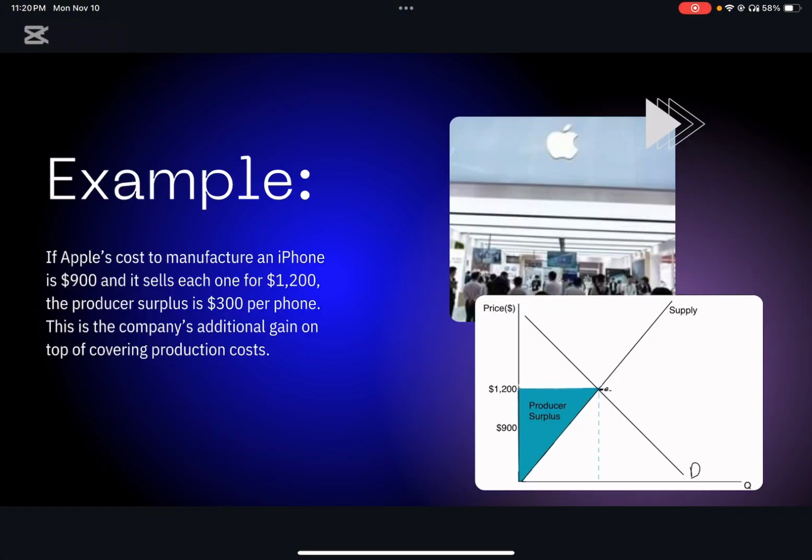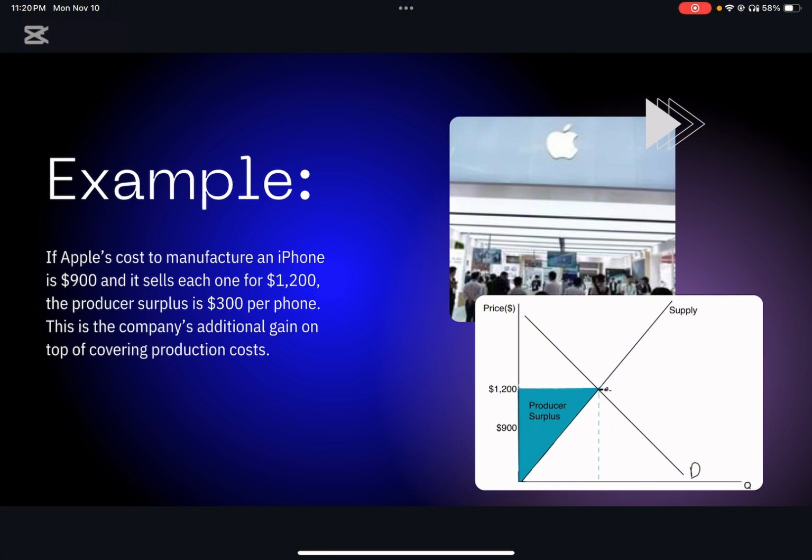Let's see an example. Suppose each iPhone costs $900 to make, including labor, materials, and shipping. When Apple sells it for $1,200, they earn $300 more than what it costs to produce the product. That $300 is their producer surplus.